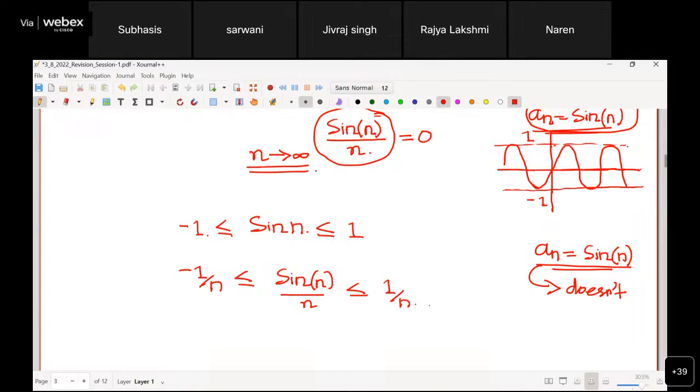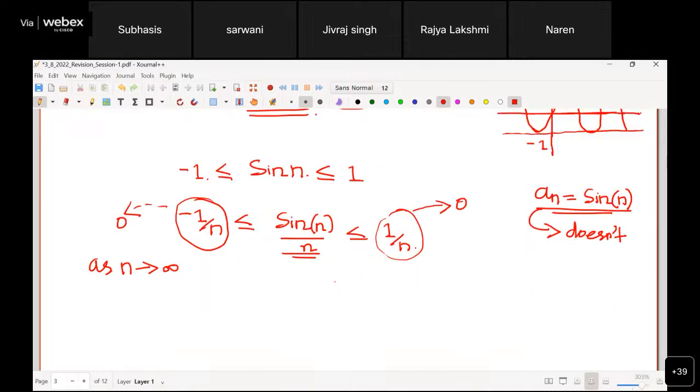As n tends to infinity, 1 by n goes towards 0, and minus 1 by n also goes towards 0. This thing is in between minus 1 by n and 1 by n, so it forces the middle term to go towards 0. So the limit of the sequence sine n by n is 0.